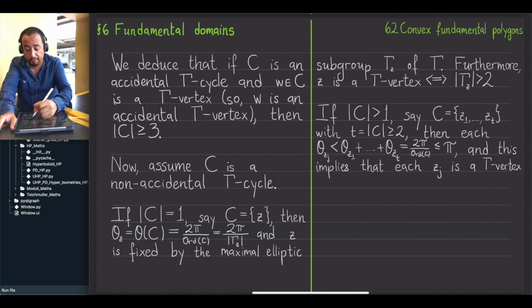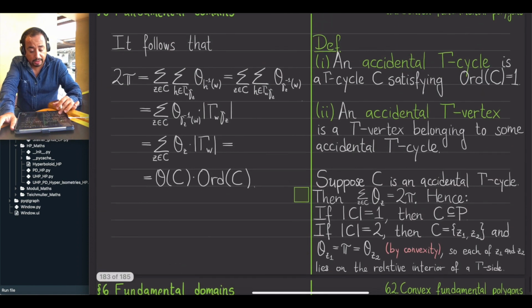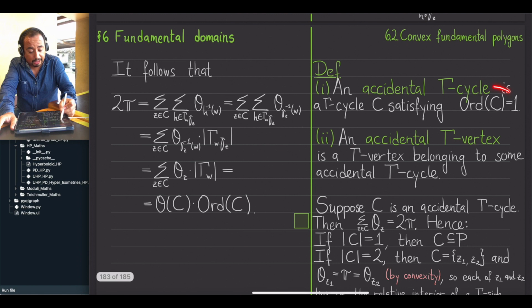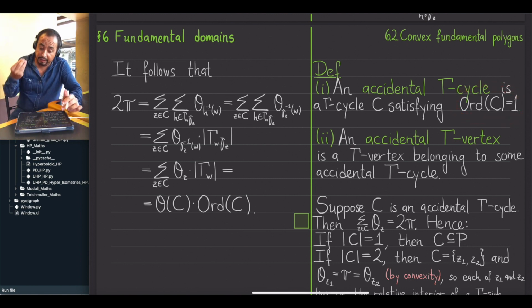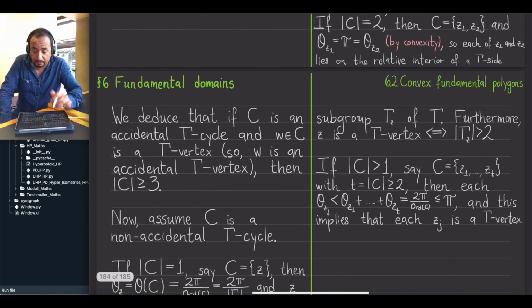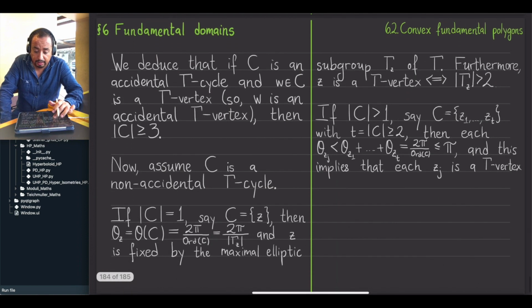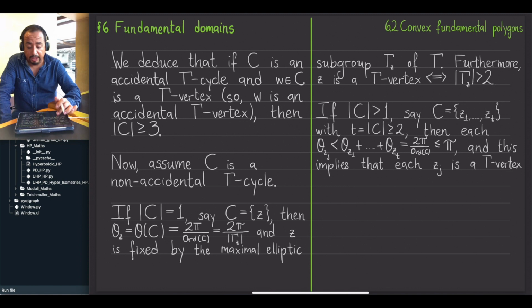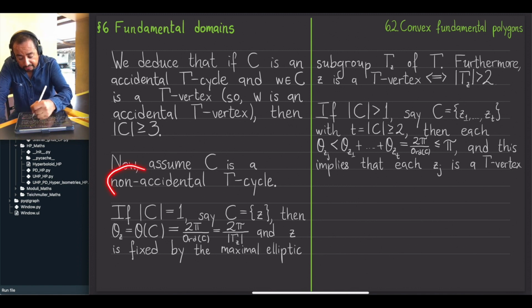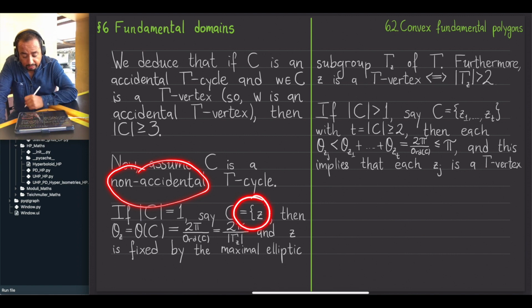Recall that being non-accidental means that its elements have non-trivial stabilizers, but it may be that it has only one element, as in the example, that had only one element, whose stabilizer had four points, four elements of gamma. So let's say that it's non-accidental with only one element.